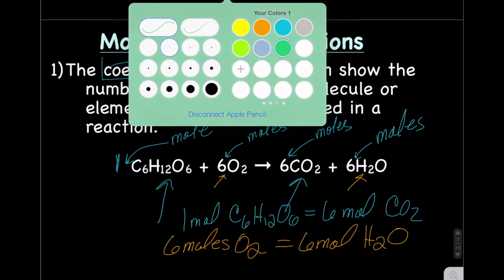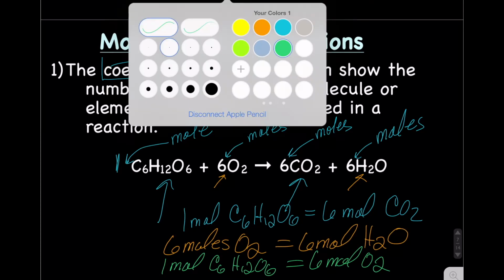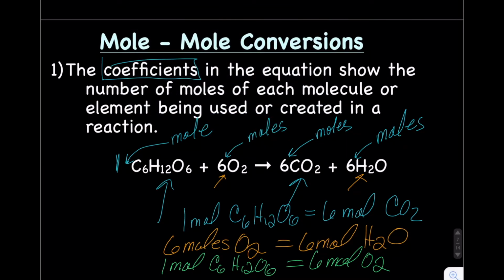You could also say that if you need 1 mole of C6H12O6 to react with 6 moles of O2, or when you make 6 moles of CO2, you also make 6 moles of H2O. So the coefficients are telling you how many moles, and there's a relationship between all of them.